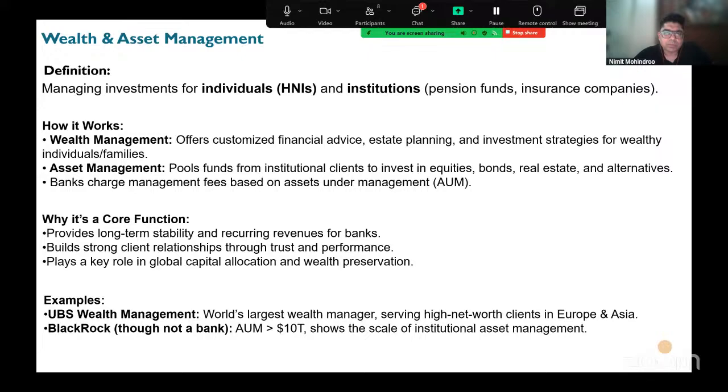They will not be able to manage their assets on their own, so they give advisory services to these large organizations or high net worth individuals, where they say, okay, this is how your funds should be routed, these are the assets you can acquire, this will give you more profit, and the other one is not giving you profit, so sell it off. So wealth and asset management is very simple to understand, other than the areas that we discussed.